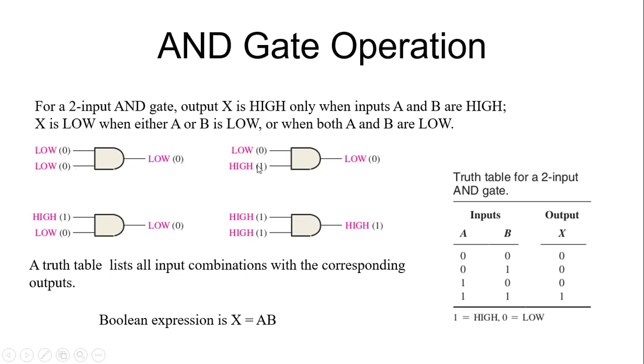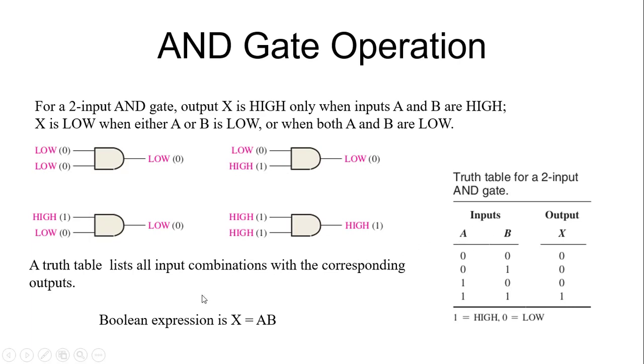When one input is 0 and the other input is 1, the output is low. When both the inputs are 1, the output is 1. So for only high inputs, the output is high, and if any of the inputs is low, the output is low.